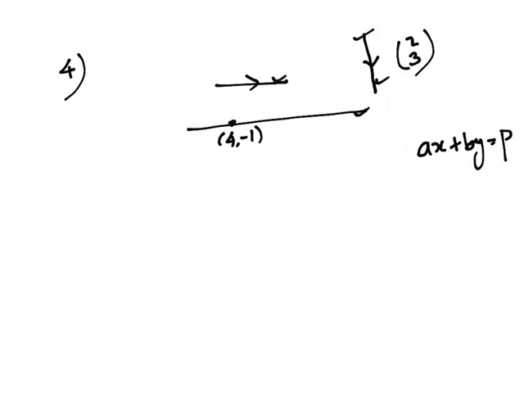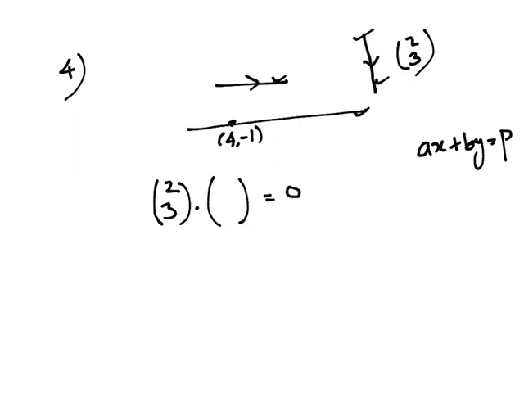So I need to make sure what vector can I have here, so that when I dot product with 2 and 3 I get 0.